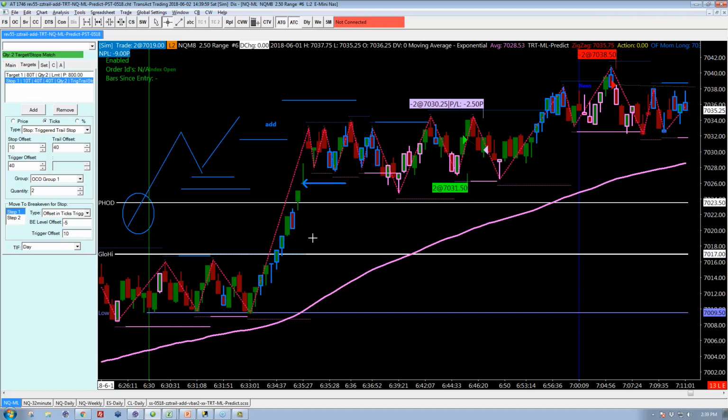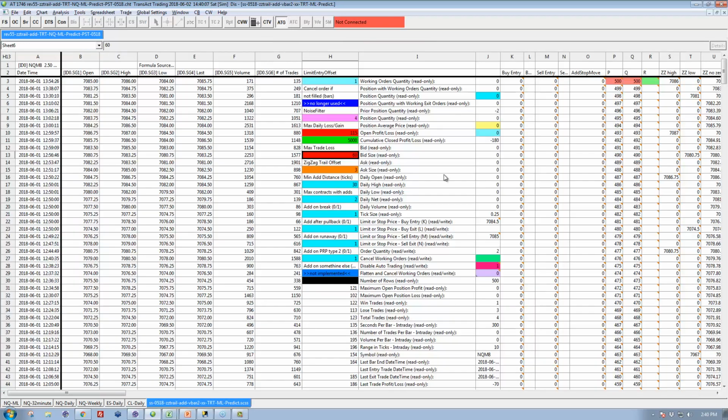There's nothing I can do about that in the market other than just not trade when it's crazy. So what I've done here is I've added this piece, max trade loss. Currently we have this concept of the maximum daily loss, where if you hit a certain level, the system will just not take any more trades.